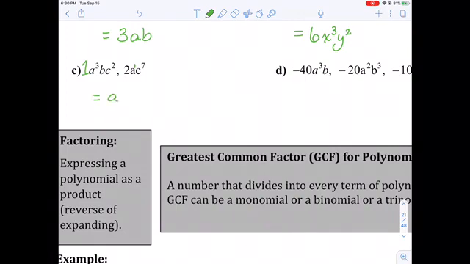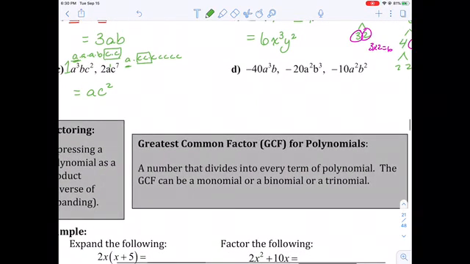I've got an a times a times a times b times c. And then here we've got an a times c, c. So what's common? A single a and 2 c's. So ac squared would be our greatest common factor there.